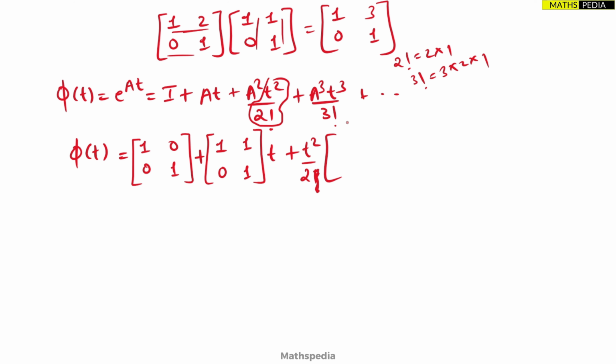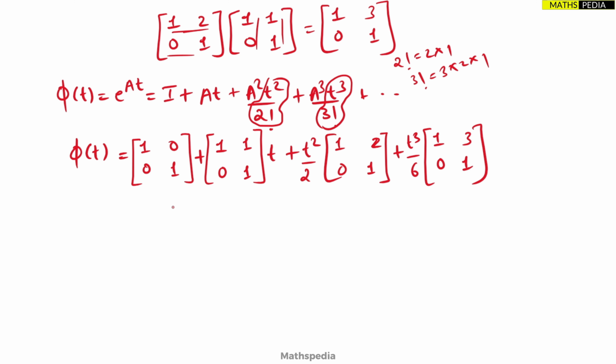The matrix A square here is 1 2 0 1, plus now t cube divided by 3 factorial. 3 factorial is 3 into 2 into 1, which is 6 itself, so no need to write factorial again. Directly write the value 6 with the matrix. What is the A cube matrix? Just now we found 1 3 0 1.